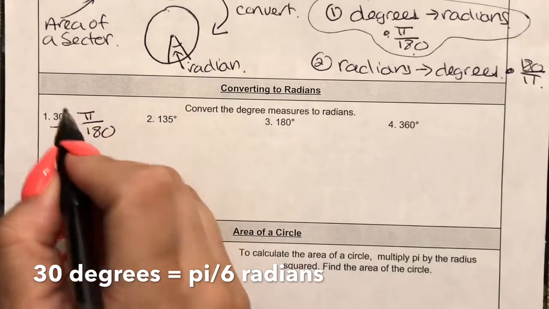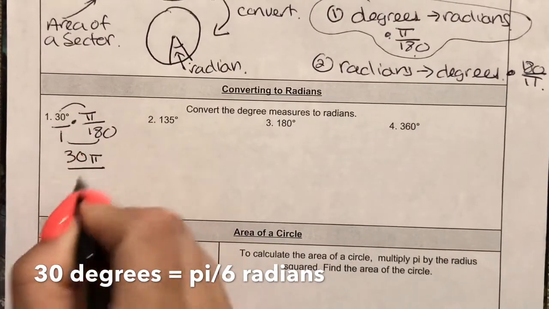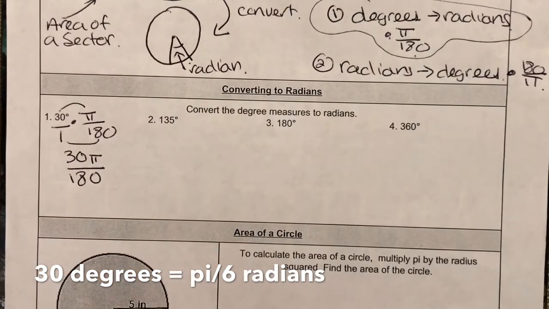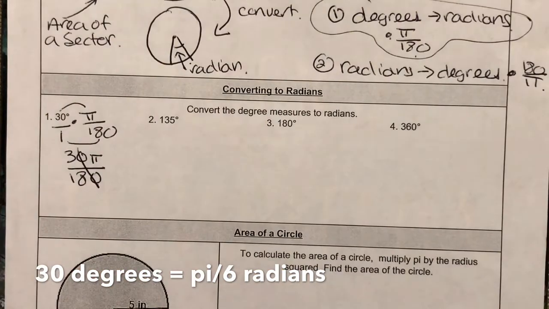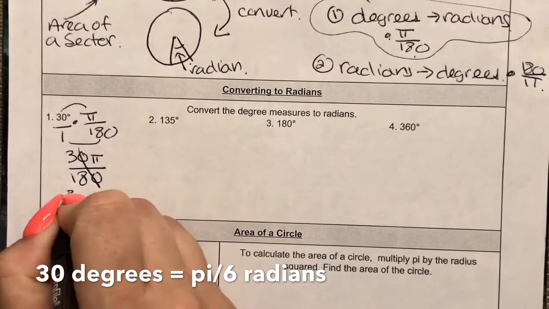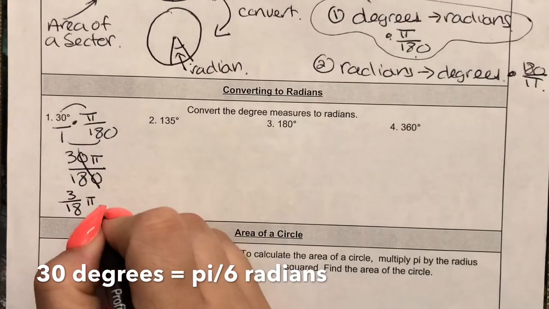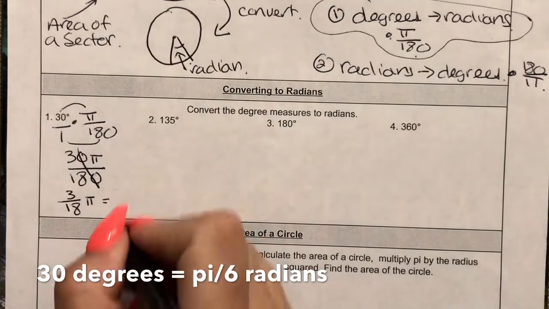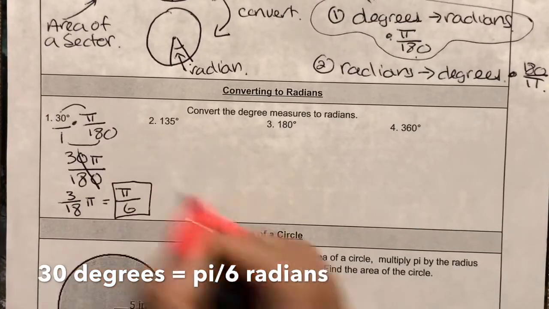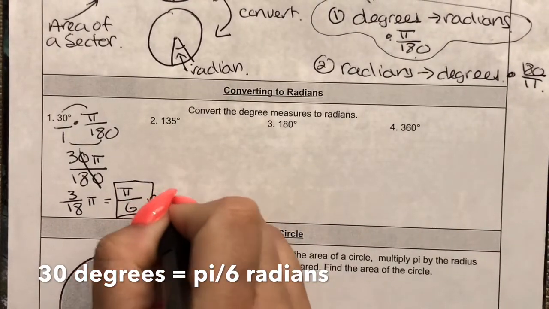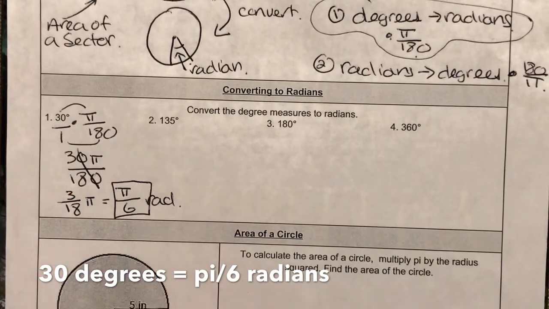So I'm literally going to have 30 pi over 180. At this point, I need to simplify as much as possible. I can cancel out the zeros. I'm left with 3 over 18 pi. 3 and 18 are both divisible by 3, so I end up with pi over 6 radians. So 30 degrees is equivalent to pi over 6 radians.